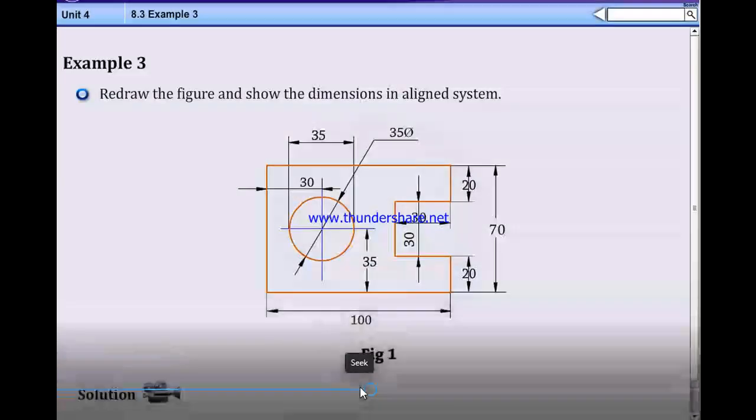Right, now let us see example 3: redraw the figure and show the dimensions in the aligned system.